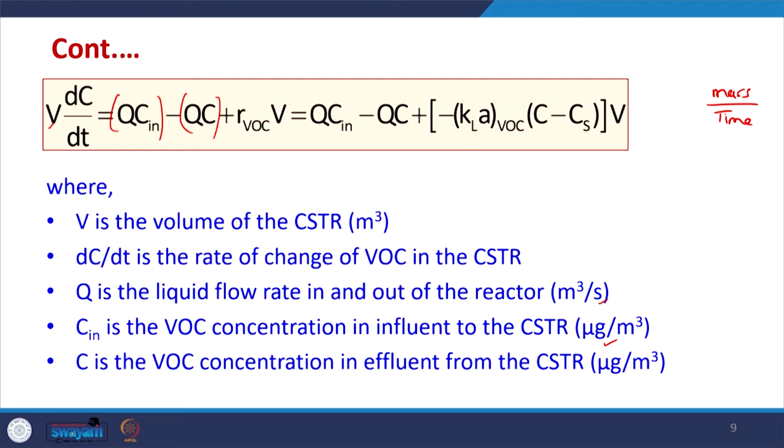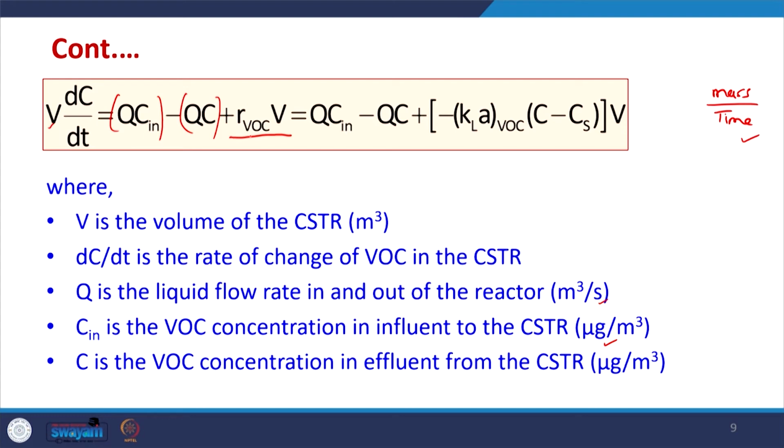Now, going further, Q is the flow rate, which is in meter cube per second, and C in is the concentration of the pollutant which is coming along with the water. Now, we want to reduce this concentration to a certain value which is up to a standard, and also this VOC will get removed because of the stripping action. So, we are assuming the rate of VOC removal by stripping to be R VOC, and it is multiplied by volume to get the unit of mass per unit time.